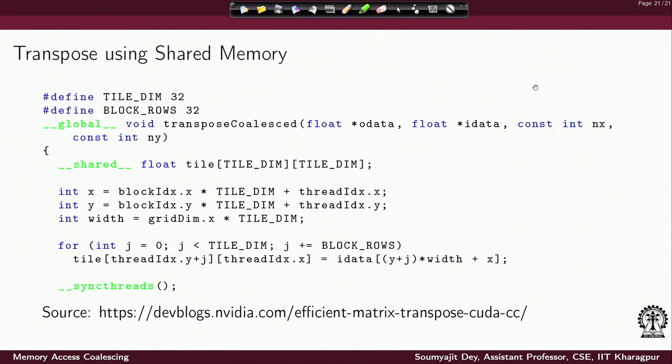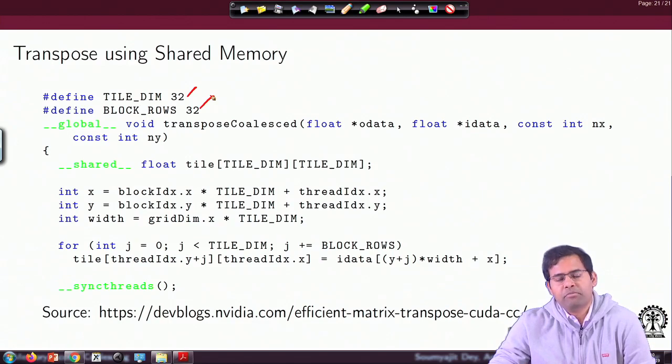So, let us get on with the first example on computing the transpose of a matrix while exploiting the shared memory optimization. In the program examples that we have provided, we have written the tile dimension and the number of block rows to be equal. Just like our earlier example where we exploited shared memory, which was matrix multiplication, we will use the similar concept of tiles.